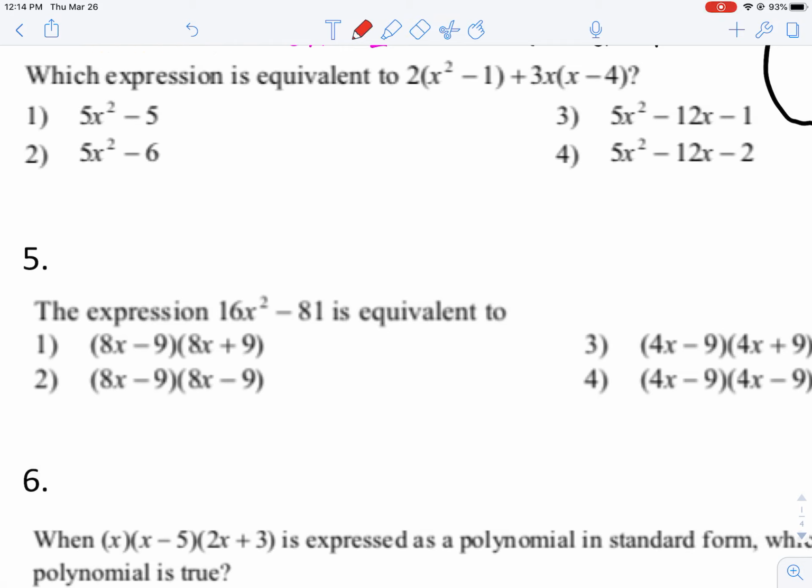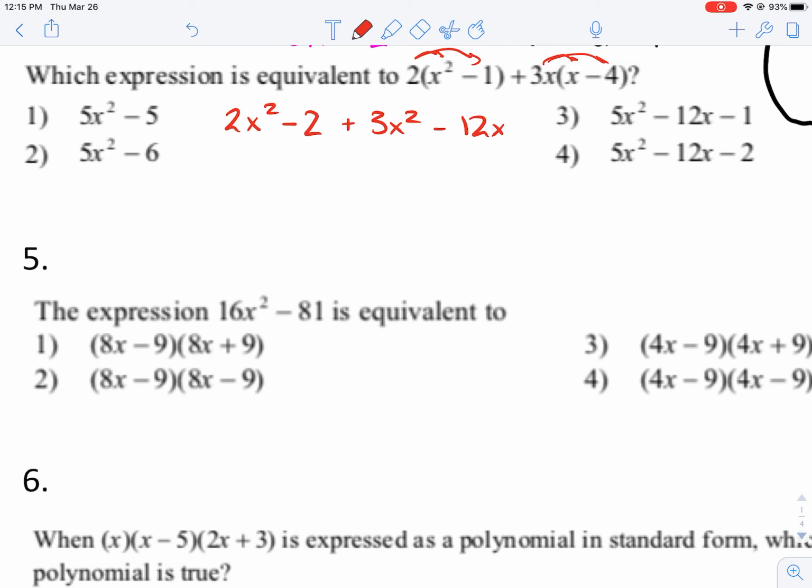Okay, so we need to simplify this expression here first. What you want to do is distribute. So I'm going to go 2x squared minus 2 plus 3x squared minus 12x. And check my math.